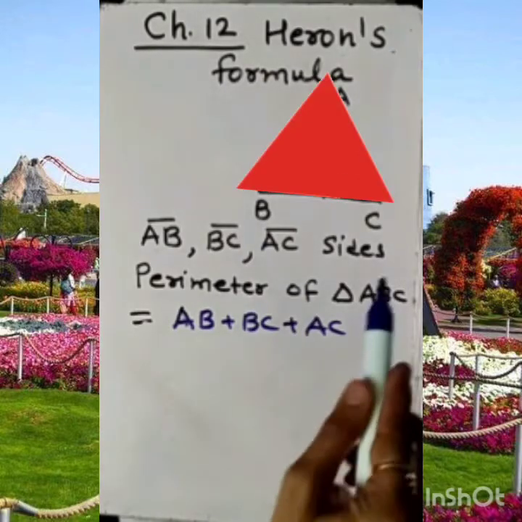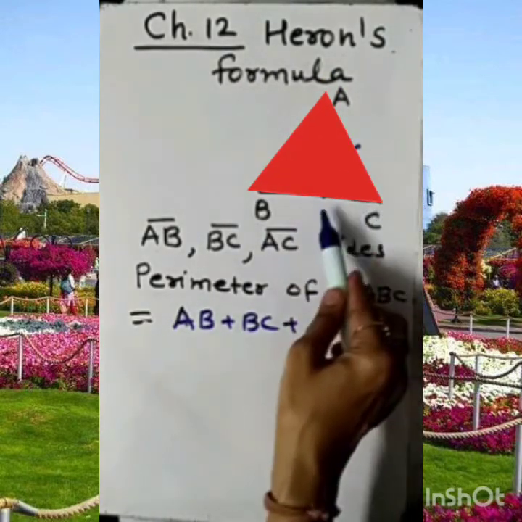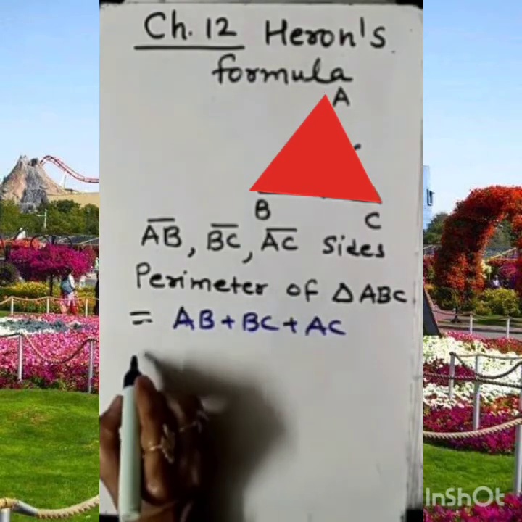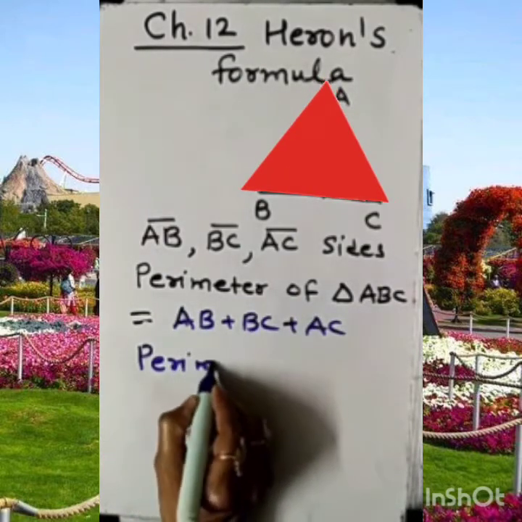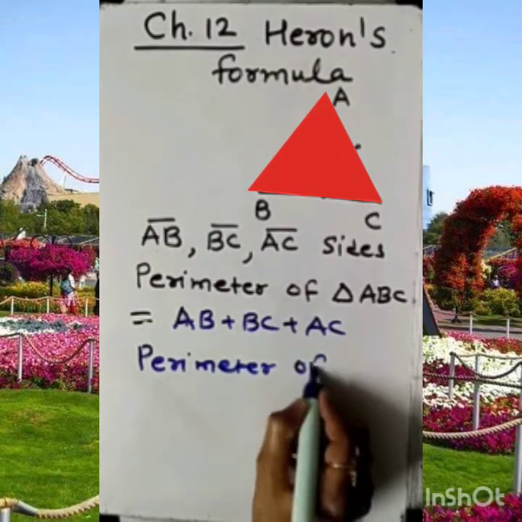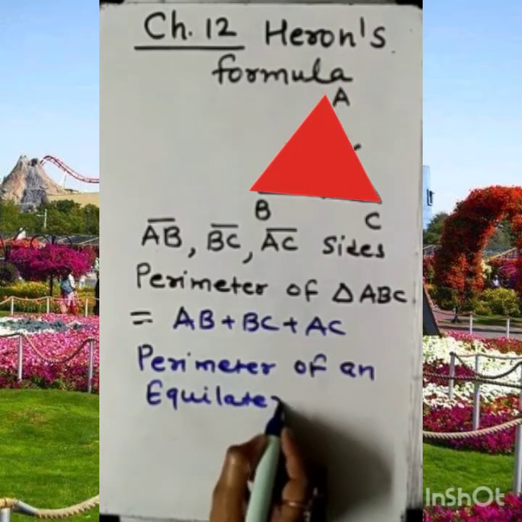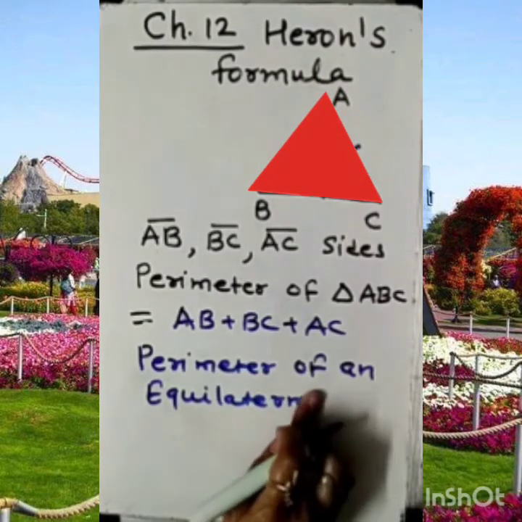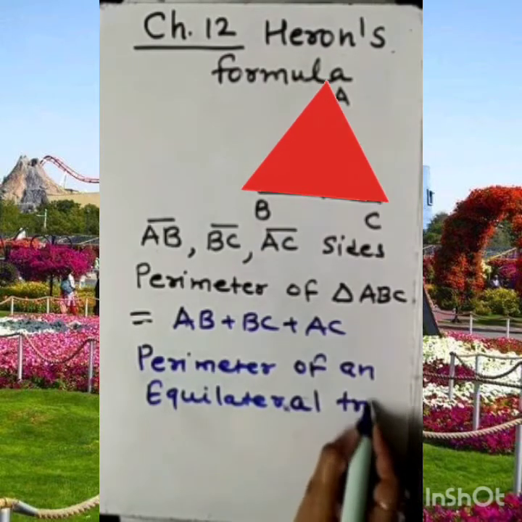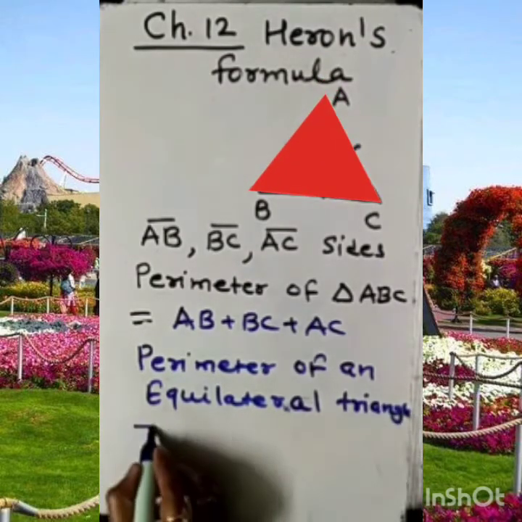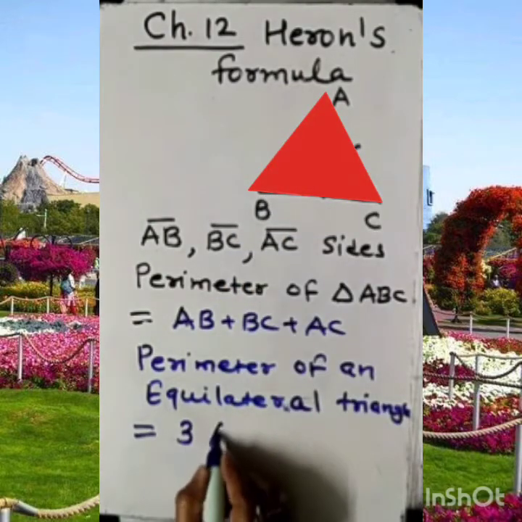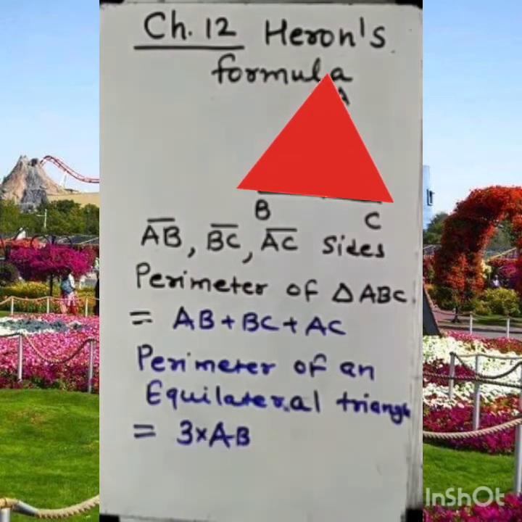Then only can we say that the perimeter of an equilateral triangle will be 3 into AB, or AB plus AB plus AB, only in the case of an equilateral triangle.